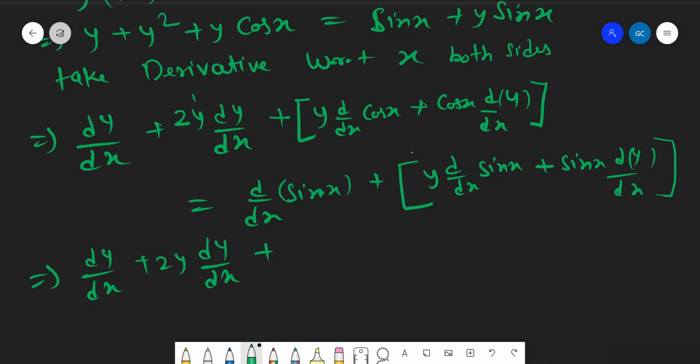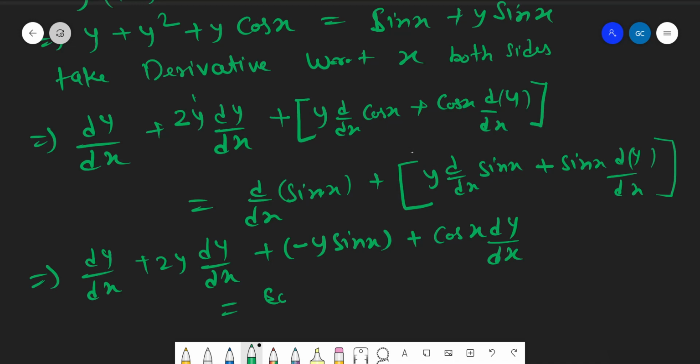So now it will become negative y times sine x plus cos of x dy by dx, right guys?